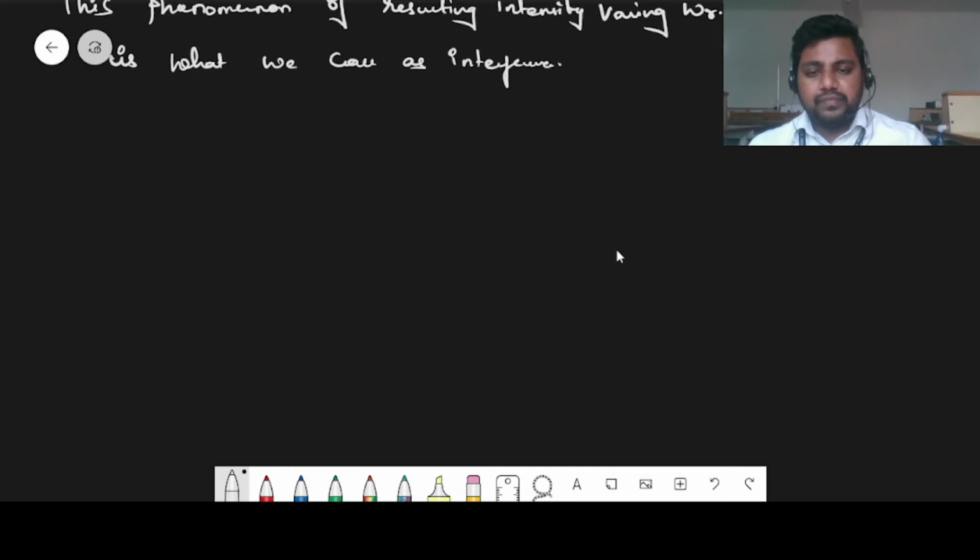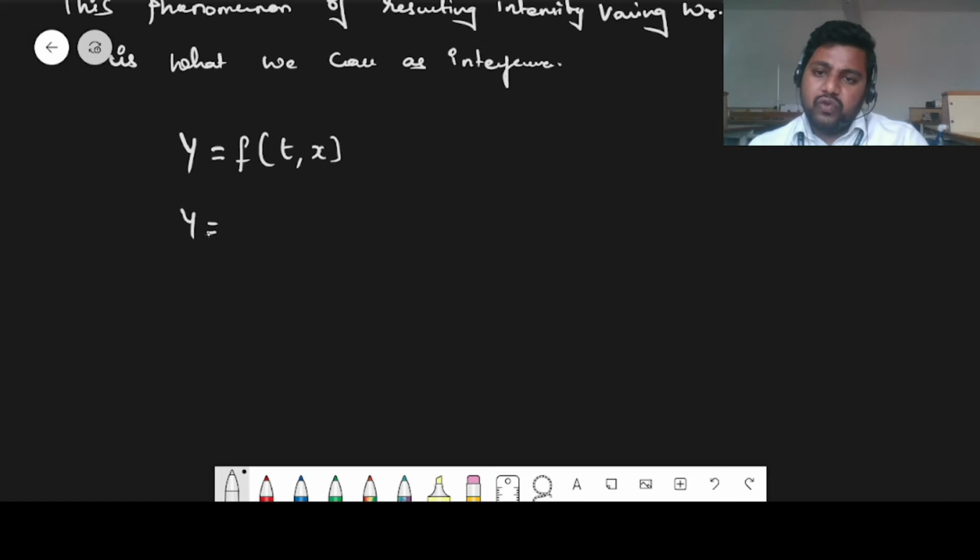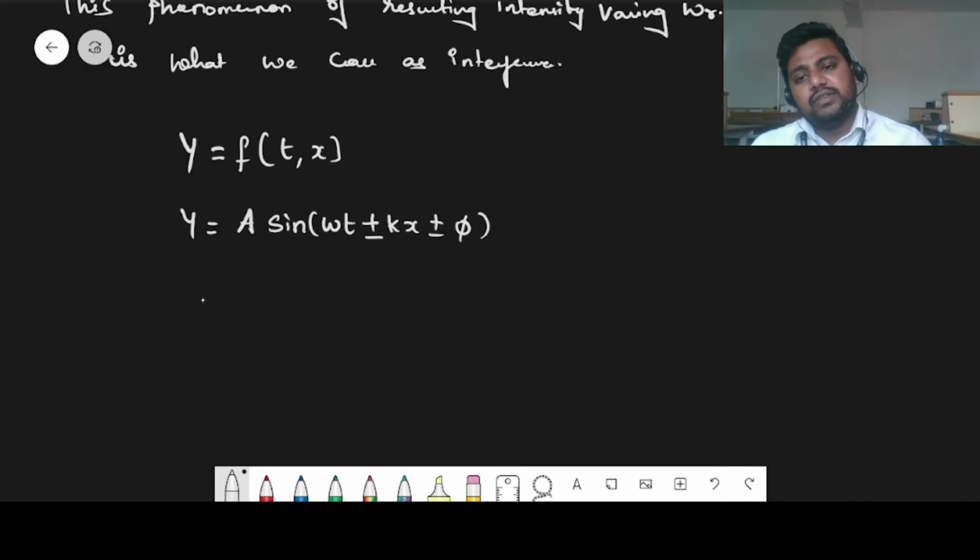Now in general, the equation of a wave, wave is a function of both time and position. So the general equation of a wave we can write as A sin(omega t minus kx plus or minus phi).